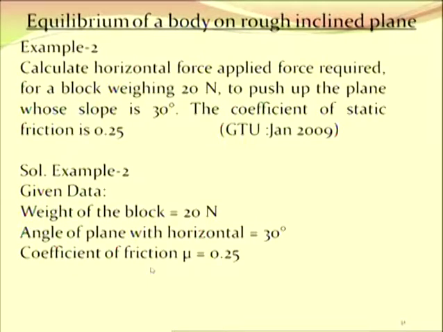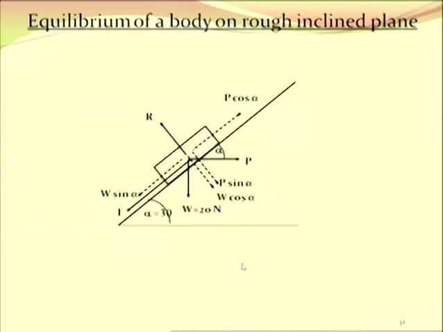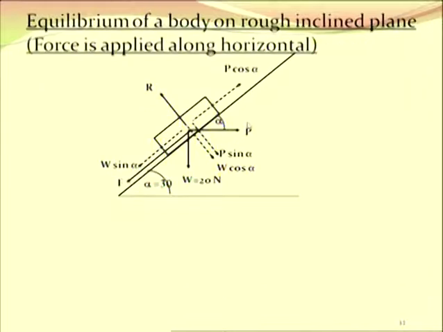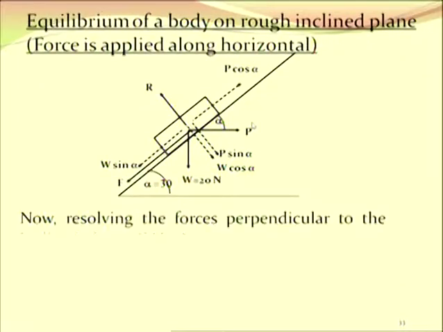Coefficient of friction, mu, is 0.25. Now when the block has a tendency to move up the plane under this force, when the block is moving upwards, then friction is acting downwards. So here in this example, friction we have taken downwards.